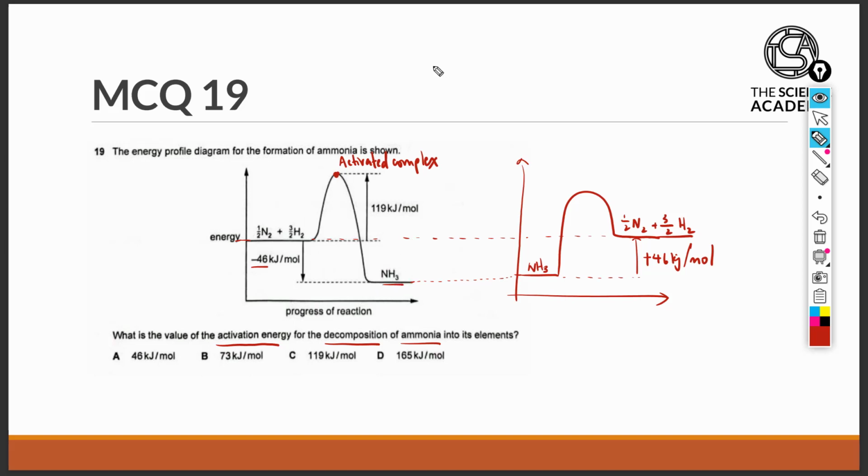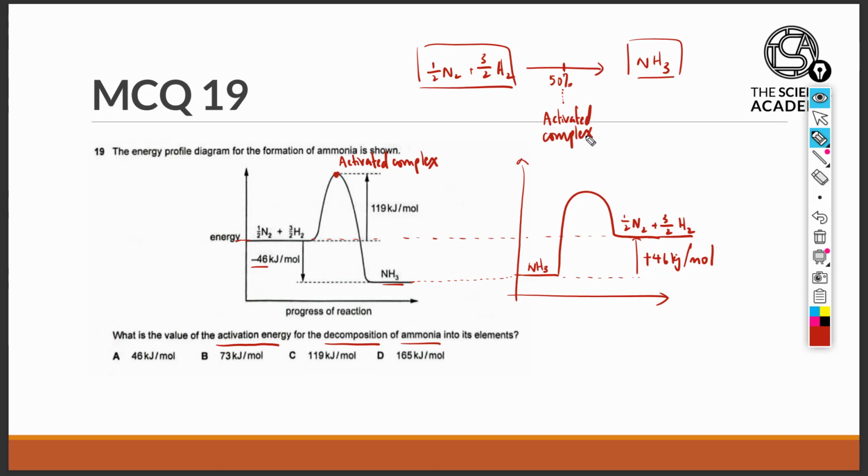So if we write out a rough sequence of events from the reactants as this pair of substances to the final product that we want, ammonia, at the 50% completion mark, there is this activated complex which has bonds that are halfway about to break from the reactants and bonds that are halfway formed to form the products. This activated complex is going to have the highest energy level, which is why it is located at the peak of this hump.